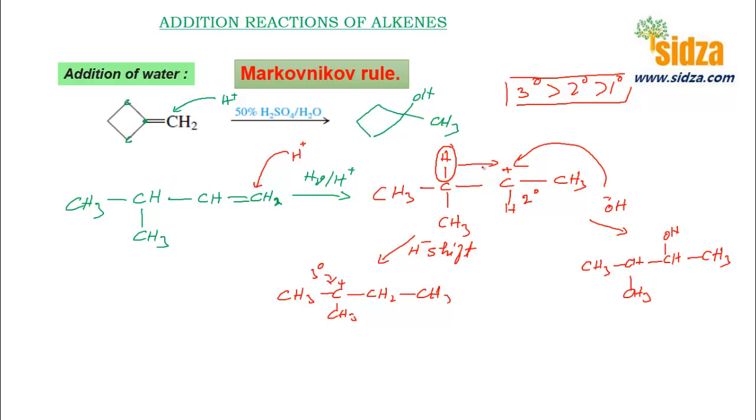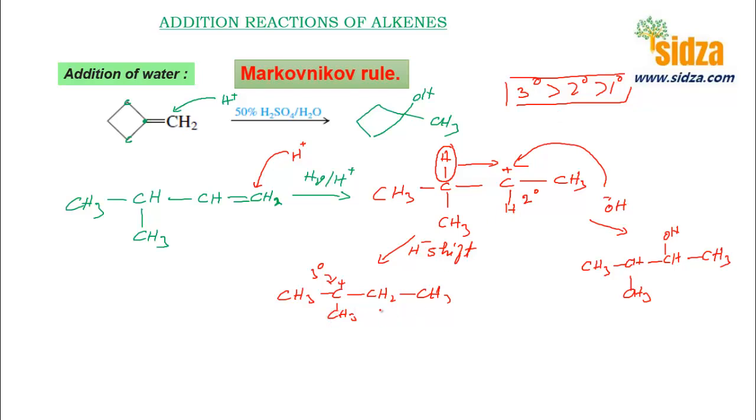And the rearrangement of the carbocation is very common, right? Wherever you see the carbocation, there will be some possibility of rearrangement of that carbocation. And remember, the rearrangement will only take place when you have a secondary and it can go to the tertiary. A rearrangement is not possible from secondary to primary. Correct? So less stable carbocation can rearrange to a more stable carbocation, right?